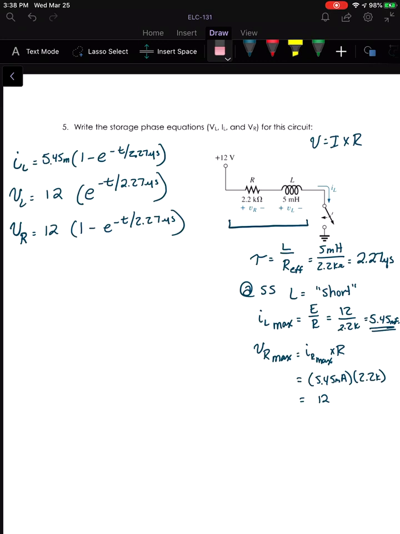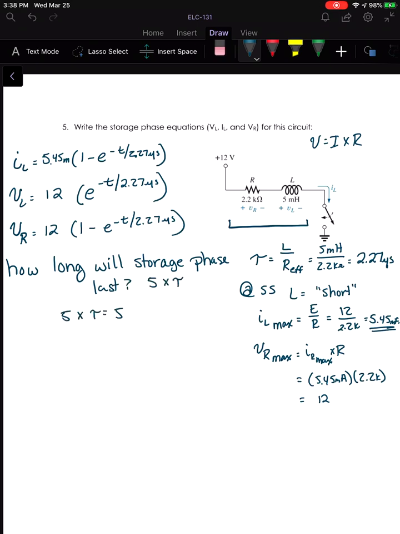So let's just say how long, first of all, how long will the storage phase last? Remember, it's going to take about 5 time constants to get through the storage phase. Okay, so 5 times tau is 5 times 2.27 microseconds.